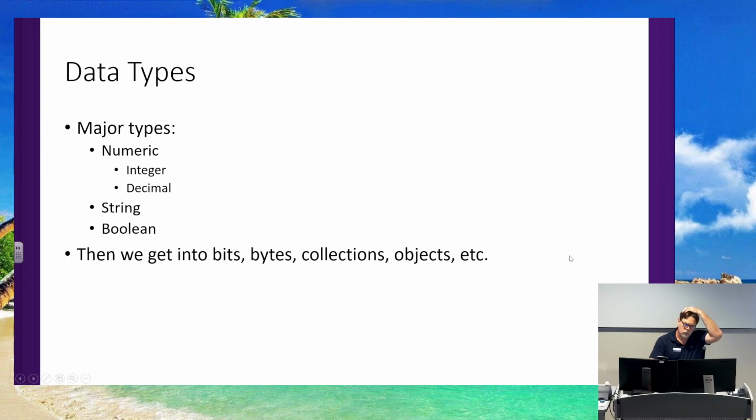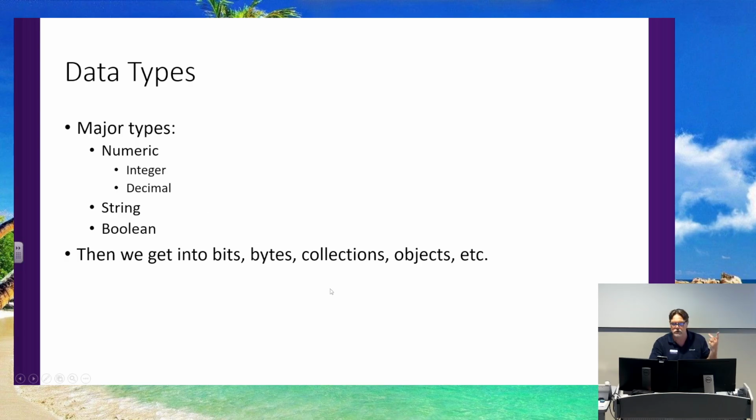Okay, so jumping into this topic, just a high-level overview of what we're going to go through. In any programming language, you're going to have different data types. The two big groups are numeric and character data. And Boolean is a third one, but you could actually argue that Boolean is just a flavor of a numeric data type.